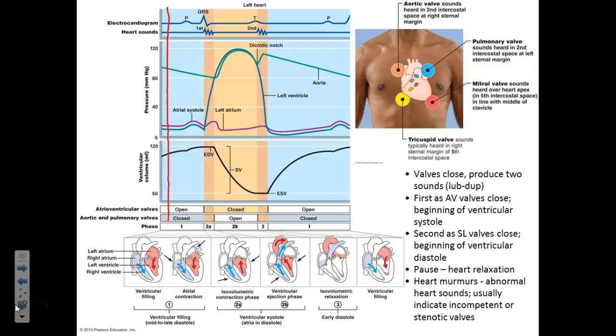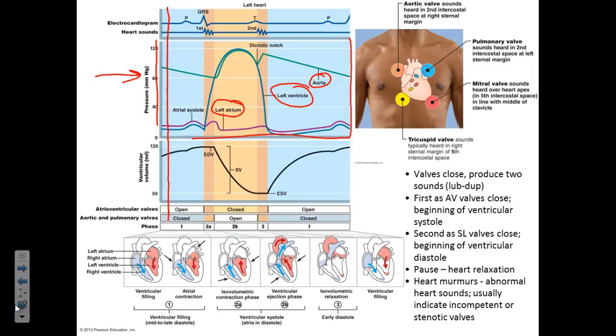Atria is relaxed, ventricle is relaxed, blood flows into the ventricle. Does that make sense? We good? Now look at this part of the picture here. This part shows you the pressure relationships. Green is aorta, blue is the ventricle, purple is the atrium.